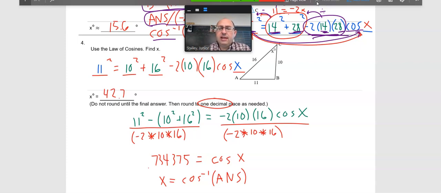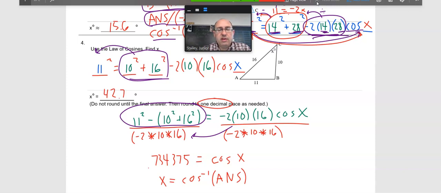But you can see that I took the chunk that was right here and I subtracted it to the other side. That's what I have right here. And then I knew I was going to divide. So I divided that chunk on both sides, pushed it over here, and then of course I inverted the cosine.